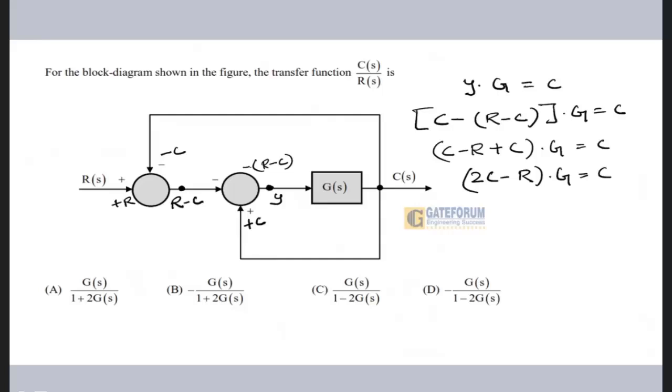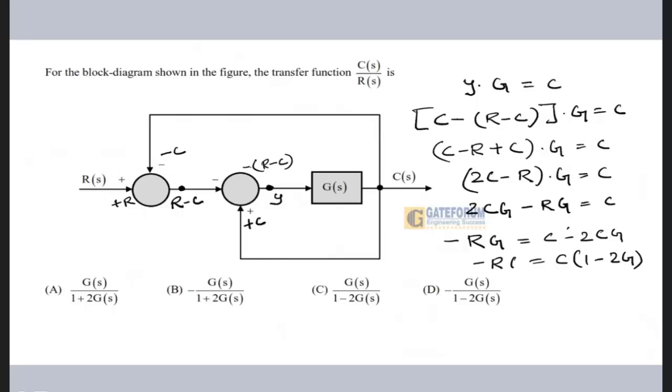So I have to get the input-output relationship. So open the bracket, 2cg minus rg is equal to c. Now I'll keep r separate, so minus rg, and this part will go here: c minus 2cg. So c I can take common and this will be 1 minus 2g, and here I am having minus rg.